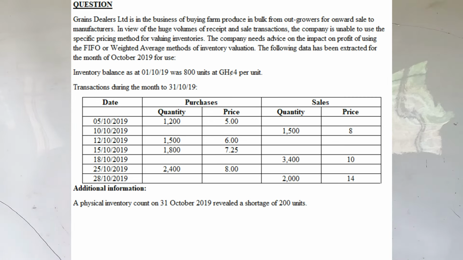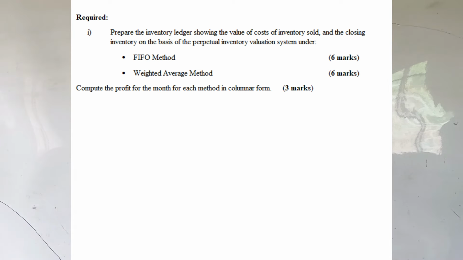Now, there is some additional information that we have to look at. We are told that a physical inventory count on 31st October 2019 revealed a shortage of 200 units. So, at the end of the month, there was a shortage. You are required to prepare the inventory ledger showing the value of cost of inventory sold and the closing inventory on the basis of the perpetual inventory valuation system.